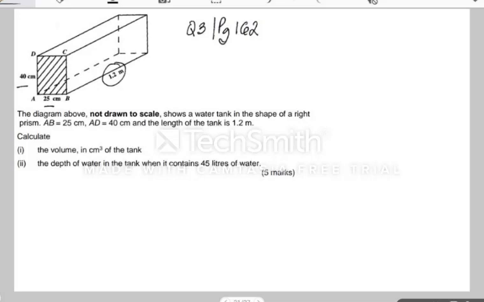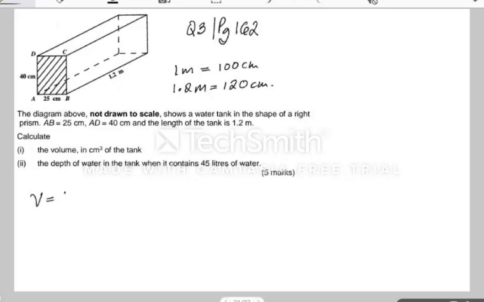So you cannot work with 2 different units, and you must convert the meter to centimeter. So 1 meter is equal to 100 centimeters, so 1.2 meters is equal to 120 centimeters. That's the first thing we have to do.